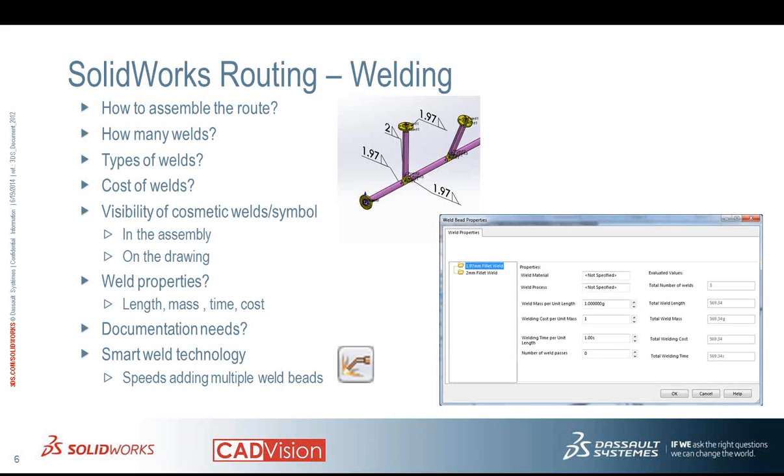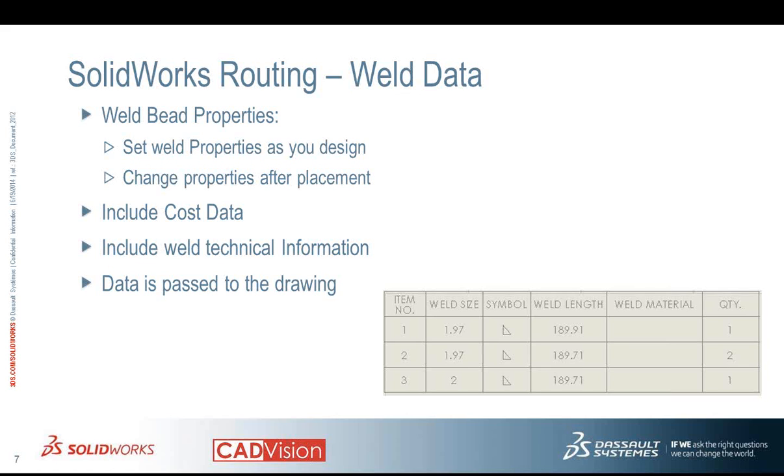So what are the weld properties? There is actually a window for you to set up all these things. What documentation is needed in order for us to send it to the production site? The smart weld technologies that I mentioned earlier, we'll look into when we go to the SolidWorks interface.